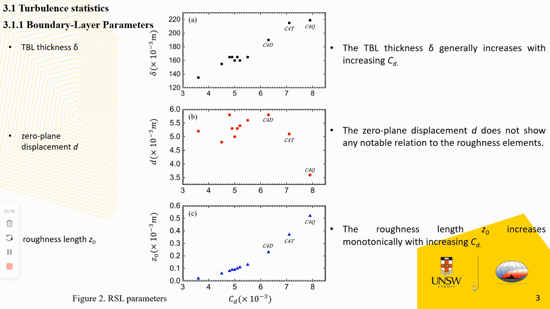The third parameter is the roughness length, Z0. Z0 increases with the increasing drag coefficient, so it is reasonable to use Z0 as an indicator to represent the aerodynamic resistance.